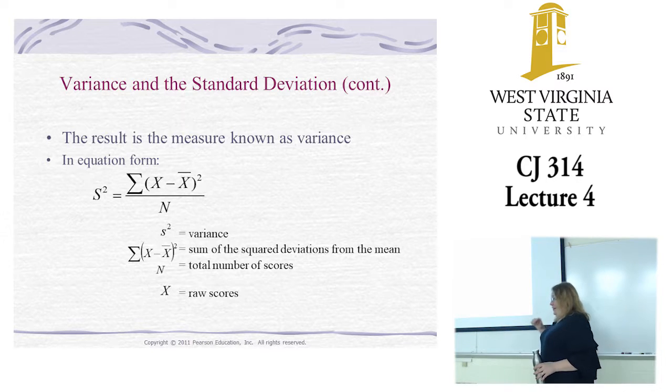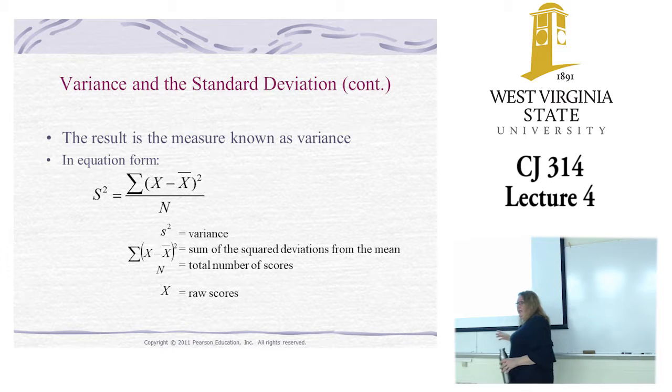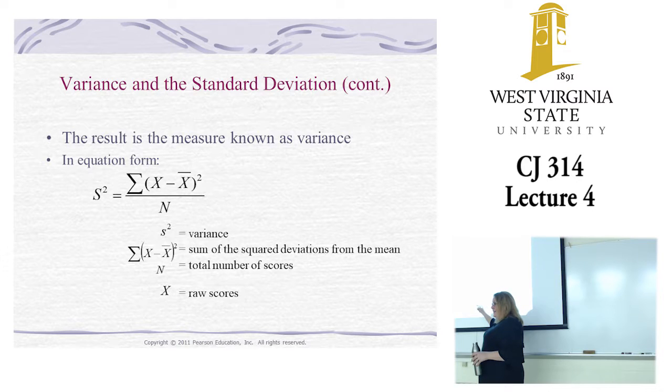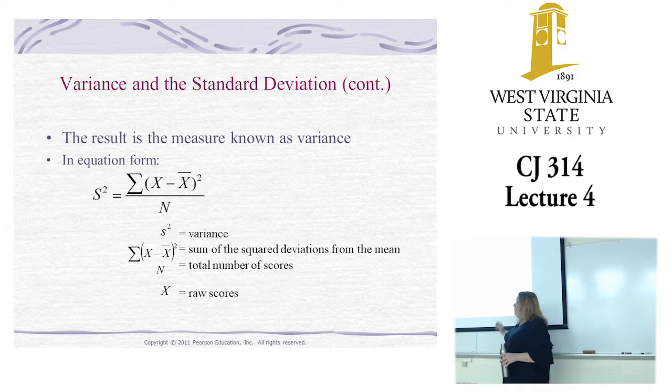Formula for variance. We know what that funny looking E is. That means sum. We know that, right? We learned that with mean? Yeah, we got it. Sum, S-U-M, not S-O-M-E. Sum, adding things up. X minus X bar, or mean, squared. So what the top line of that formula is, for every data point we have, for every X we have, we subtract the mean, and then we square the result.